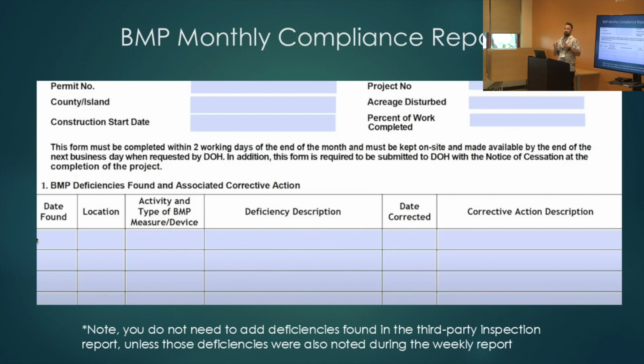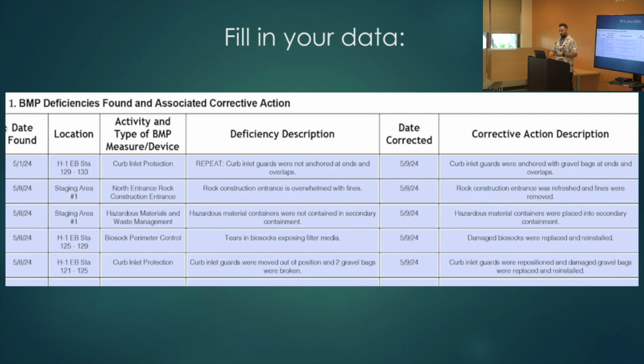Because you still are required to turn in that weekly report, but we like to do the walkthrough with the third-party inspector so that we're on the same page and we have the same items we're tracking. But it's a completely separate thing to what we're talking about. Just want to add that note. And then again, this just shows the basic data that's being added into the form itself. Pretty straightforward.